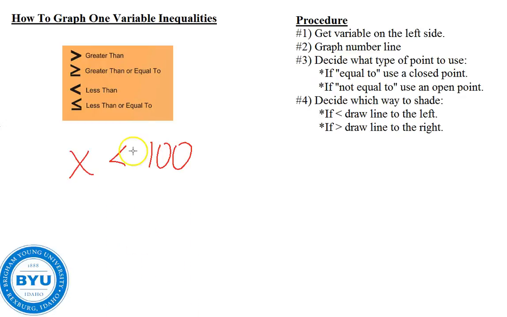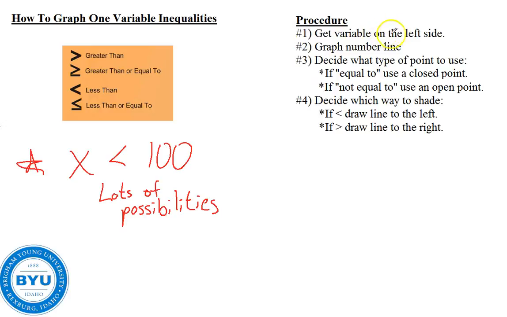Again, we use inequalities to represent lots of possibilities. And this is a cool way of doing it. However, often in math, we want to do things graphically as well. So in this video, I want to talk to you about how you would graph x is less than 100. So let's look at the procedures.